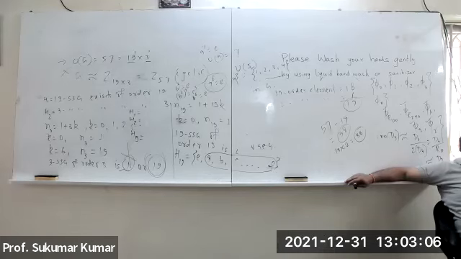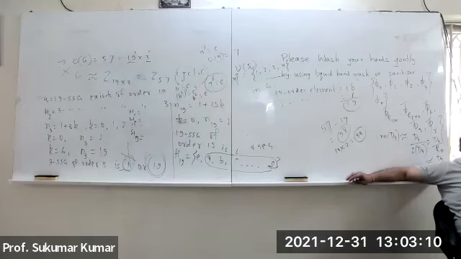In that definition I also wrote that it is generated by a single element. When R is a commutative ring, the left ideal and right ideal are equal.